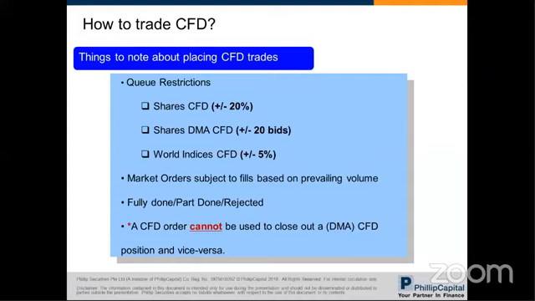So in this case, we have two active contracts: one in the share CFD, which is the long position, and another one, a short position, which is DMA. They won't offset each other.